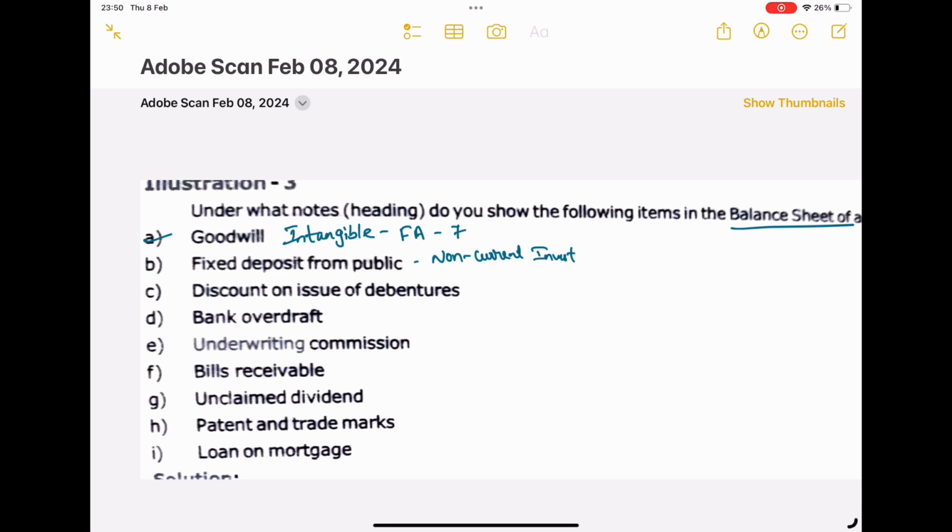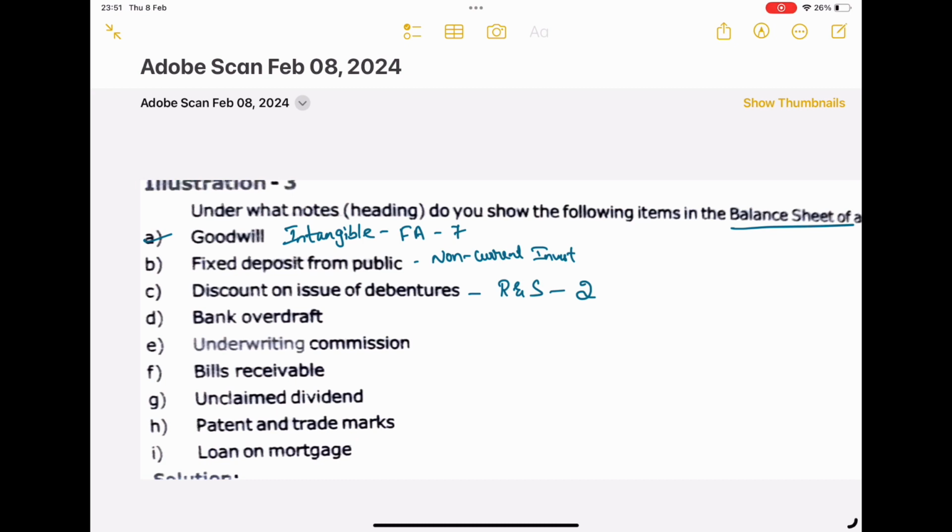Here this will be reflected in the shareholders' funds, that is in note 2, reserves and surplus. Why are we doing this? See, discount on debentures means there is a reduction in the value, isn't it? So we are going to deduct it from the reserves and surplus, that is note number 2.